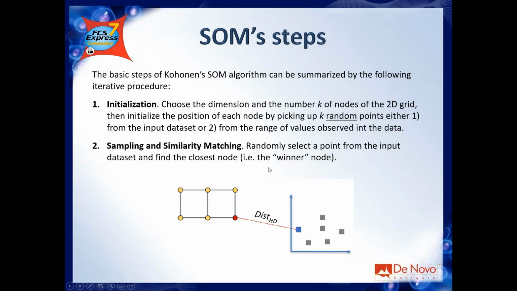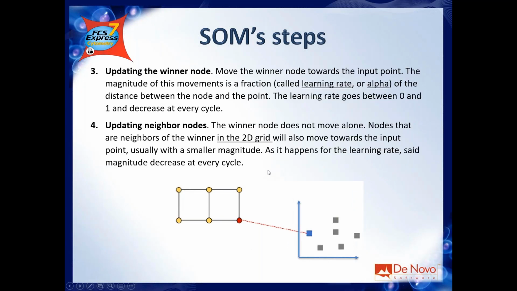Once you've done that, you start stretching your grid. So step 3 and step 4. Step 3 is called updating of the winner node. The winner node is the red one. It's the closest to the randomly selected event. So the idea is that you start moving this towards the selected event. And you are not covering the full distance.